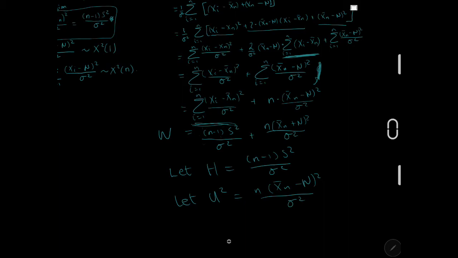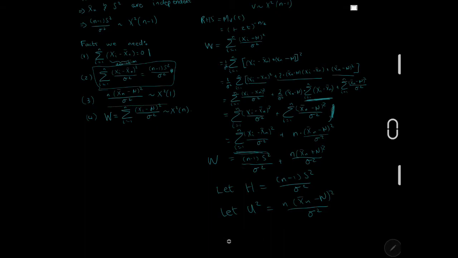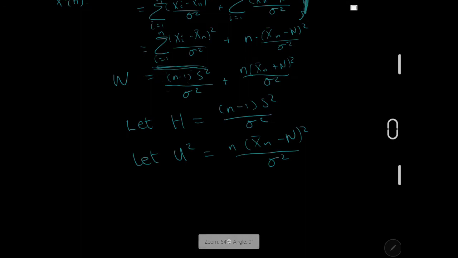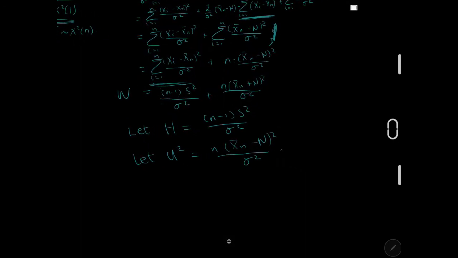And the reason we know that that's a standard normal squared is because of this fact over here, basically. Okay, so now we have that, and remember, we know that u squared is a chi-squared with 1 degree of freedom. So we have that w is equal to h plus u squared.